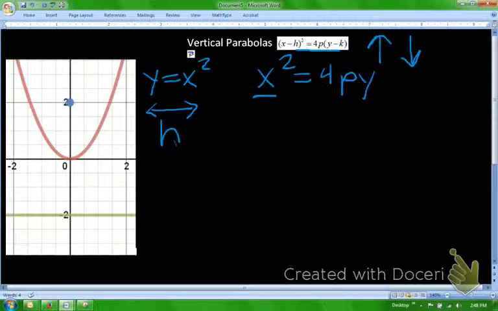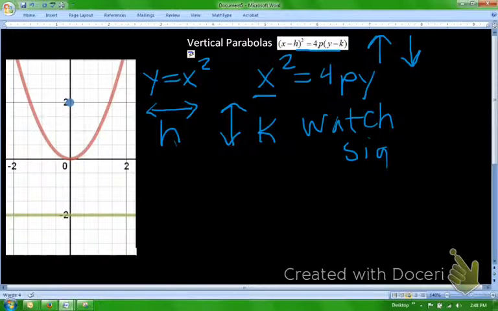And remember, h is the horizontal shift. If we are seeing shifts up and down, that shift is k. That's our vertical shift. Notice in this formula, all the signs are negative. So for both h and k, we're subtracting the shift. So really watch those signs so you don't get them backwards.